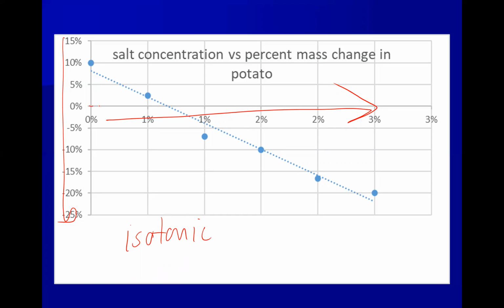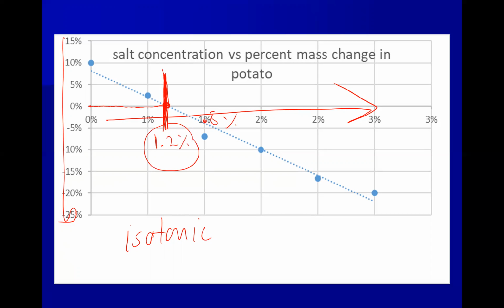So that would be at this point right here. You see it right there. So if this is the point where it doesn't change mass, then roughly the concentration inside this potato is about 1, this is 1.5 by the way, 1.5%, that's 1%. It looks like it's about maybe 1.1 to maybe 1.2%.